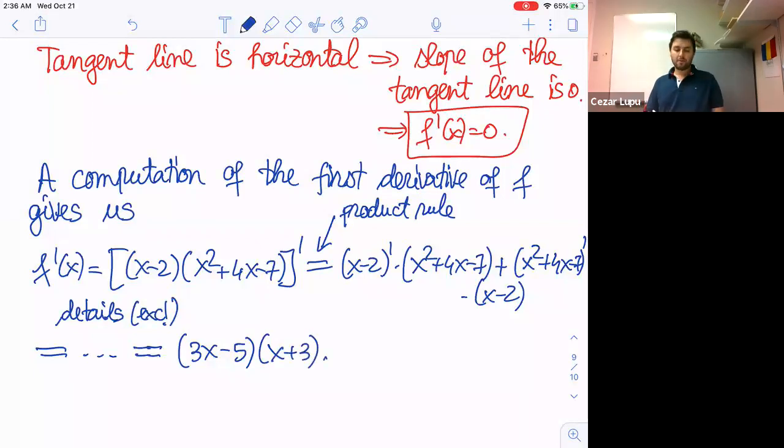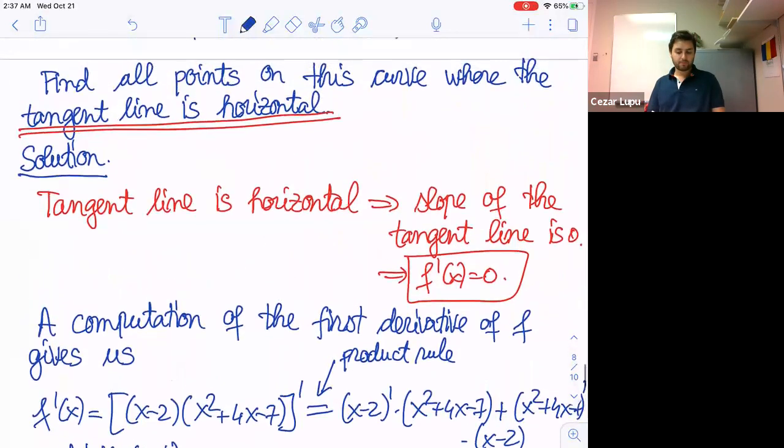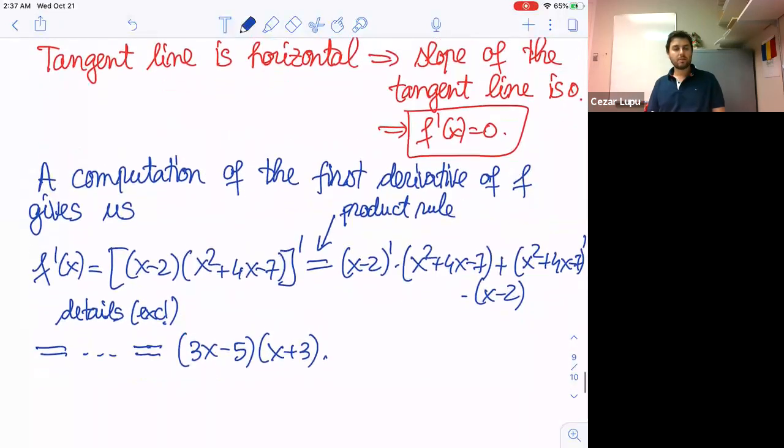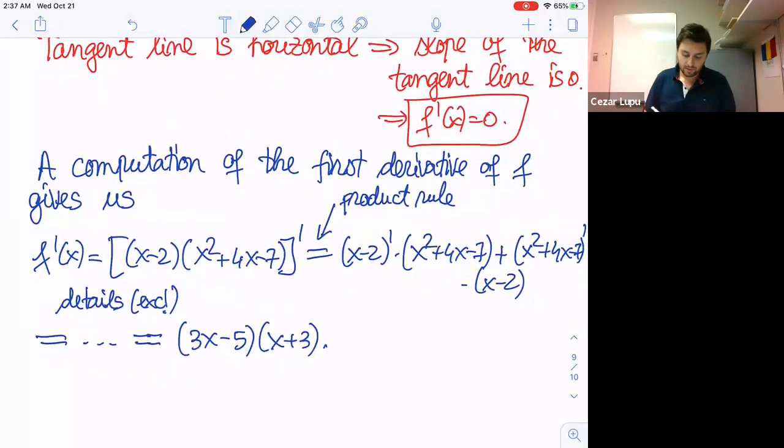So that's the derivative. And now we know that the tangent line is horizontal, so this implies that the derivative is 0.